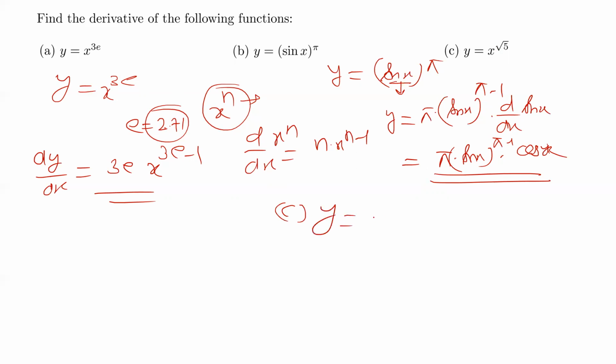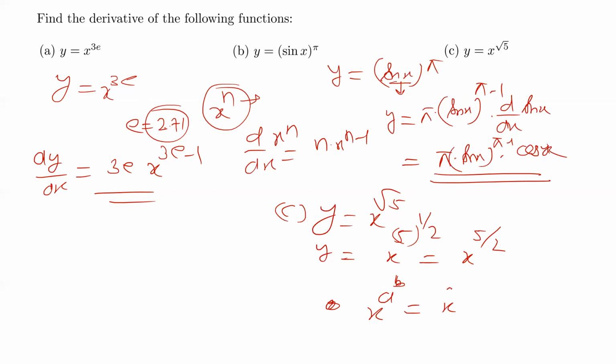See the next question. So y is equal to x power root 5. You can also write it this way, x power 5 power 1 by 2, sorry, power 1 by 2. We know that x power a power b, we can also write as x power a into b, this format.